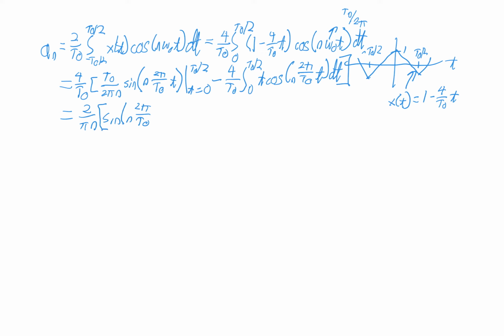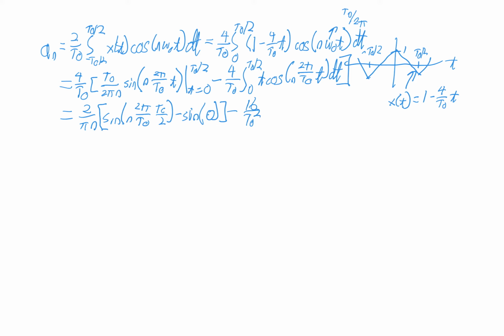The t value at the upper limit of the integral is t0 over 2, and then we have the sine at the lower limit of the integral. t is 0, so all those other coefficients don't matter because sine of 0 times something is going to be sine of 0, which is actually exactly 0 in this case. So that takes care of that first part. Now we need to also distribute this 4 over t0 over this second part, so we're going to get 16 over t0 squared being subtracted off in this second part.